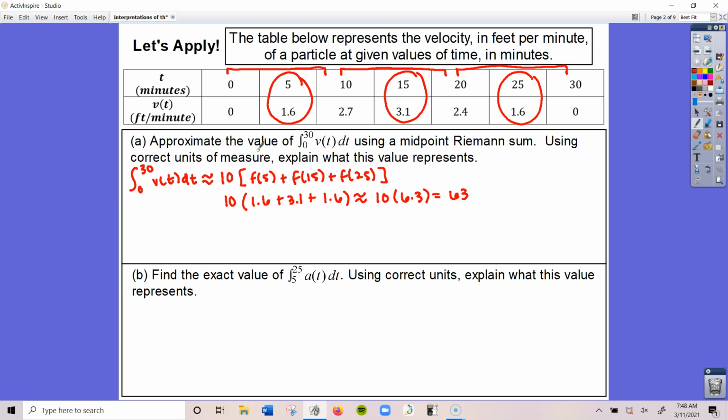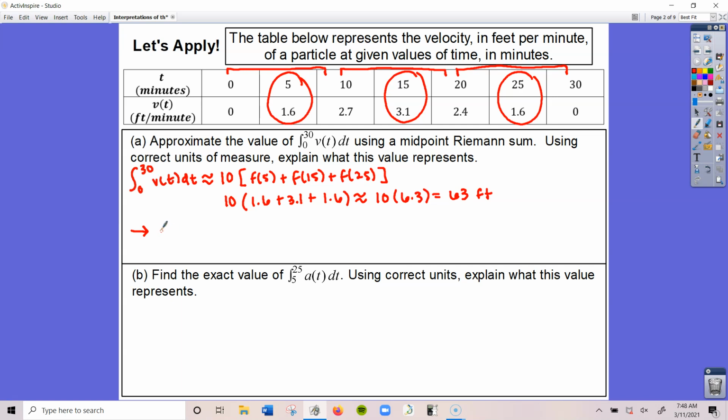And this is in units of just feet. Since we integrated, remember that this is an amount. So what does this mean? We know that when we integrate velocity, what that gives us is the distance, which by definition is the change in position.